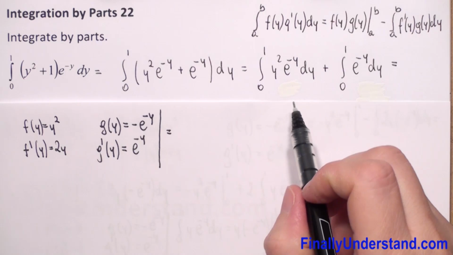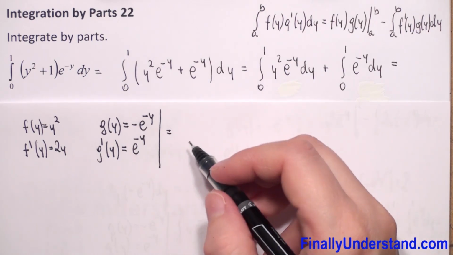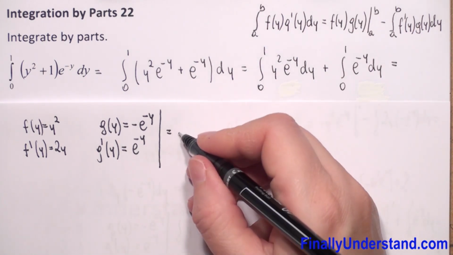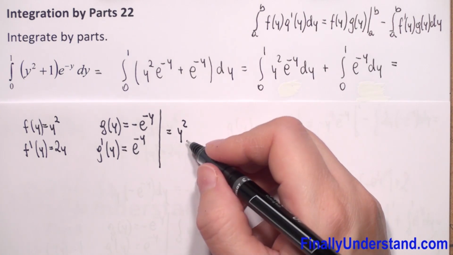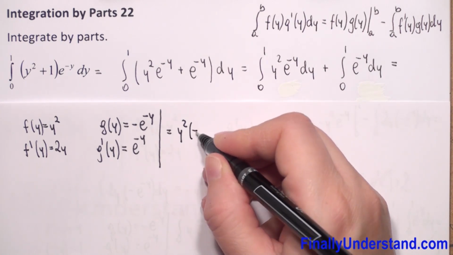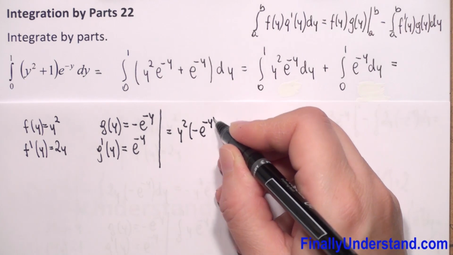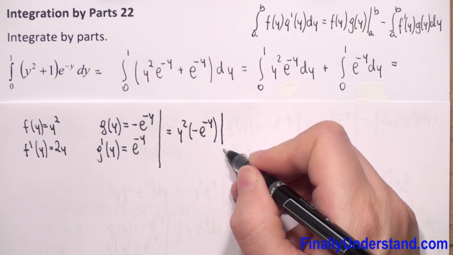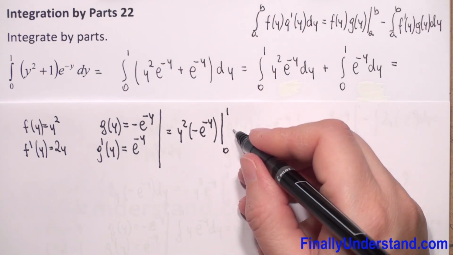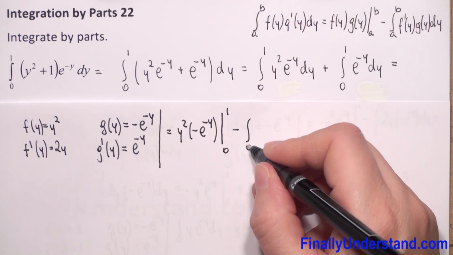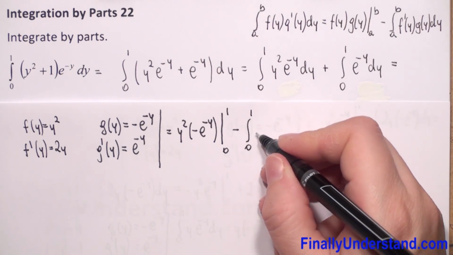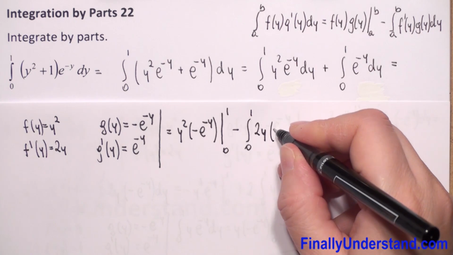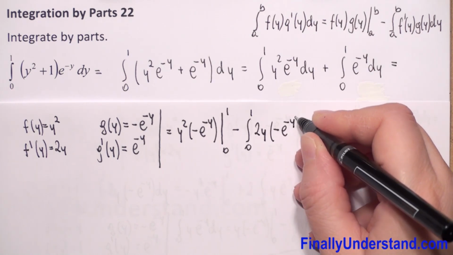this is equal. First we have to put f times g, so we will have y squared times negative e to the power negative y, and we have limits from 0 to 1, minus the integral from 0 to 1 of f prime, which is 2y, times g, which is negative e to the power negative y, dy.